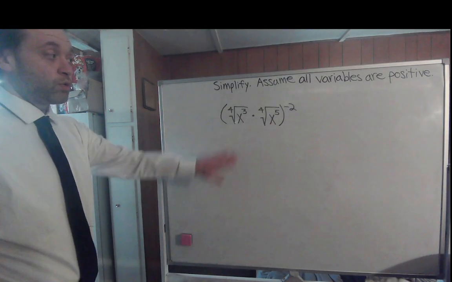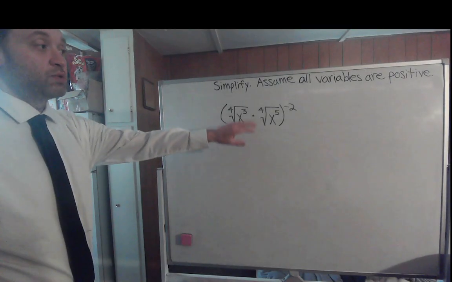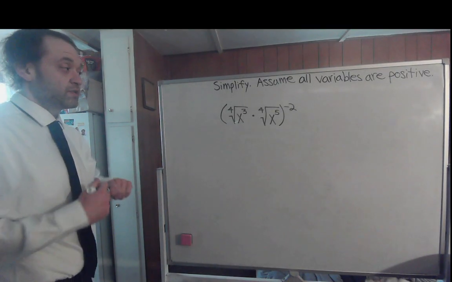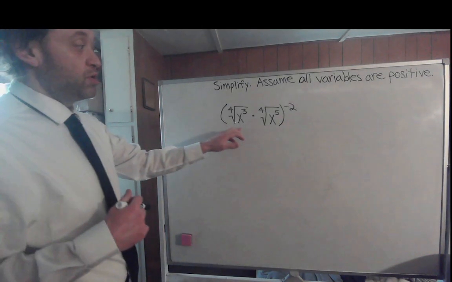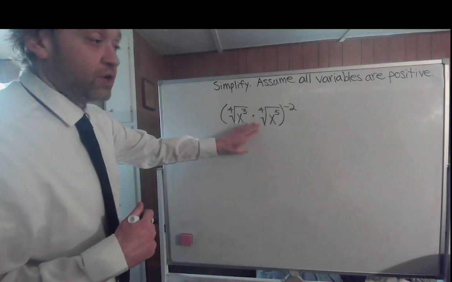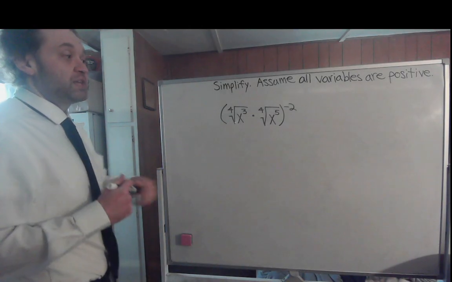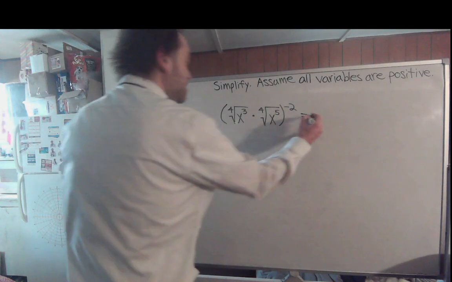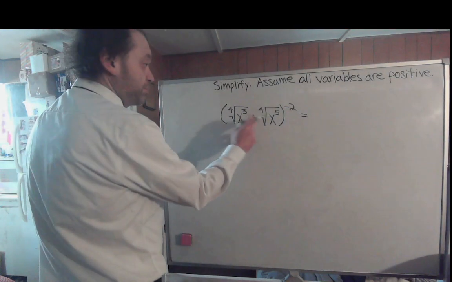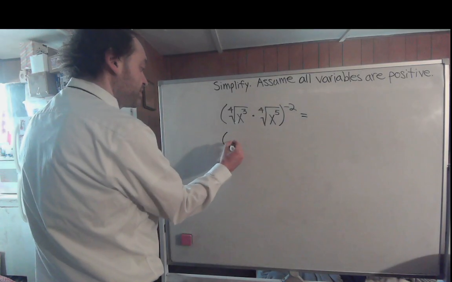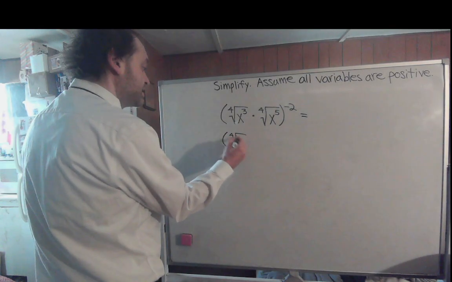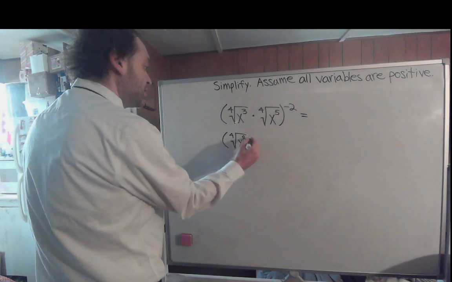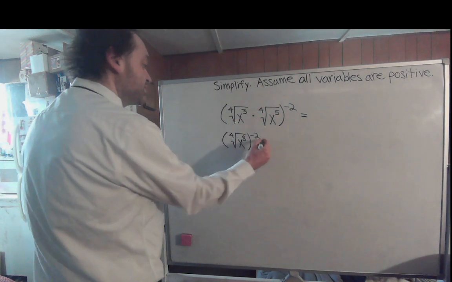Well, again, order of operations dictates we deal with what's inside the parentheses first. Good news is both x to the third and x to the fifth are on the same root. That means we can multiply the bases. So 3 plus 5 is 8. You end up with the fourth root of x to the eighth. All that raised to the negative second power.